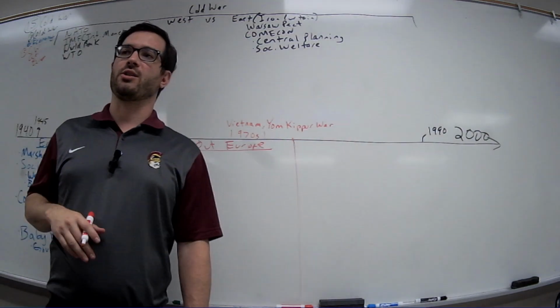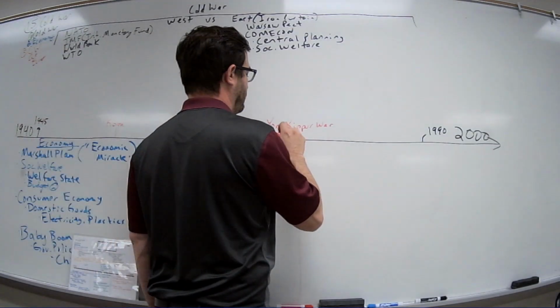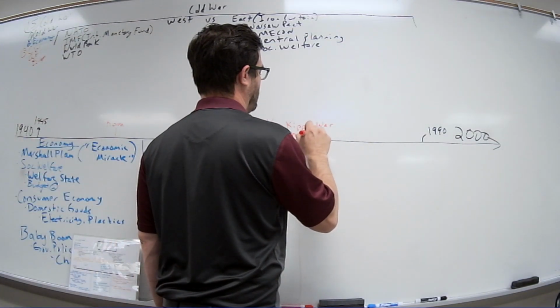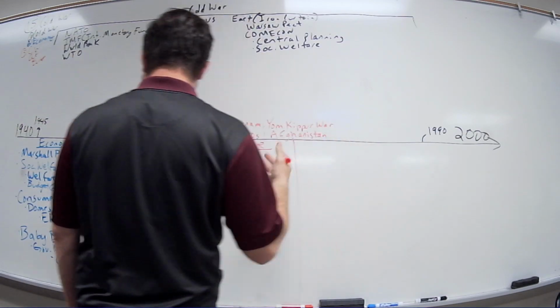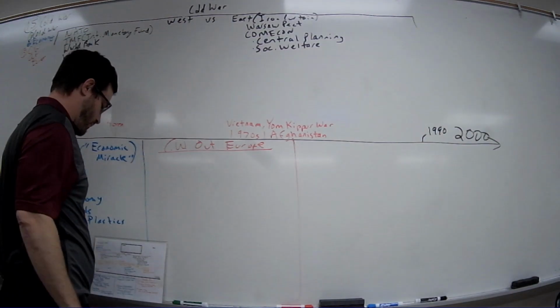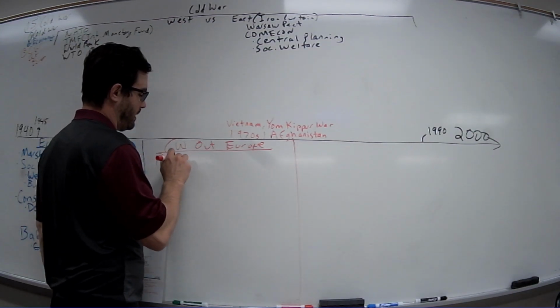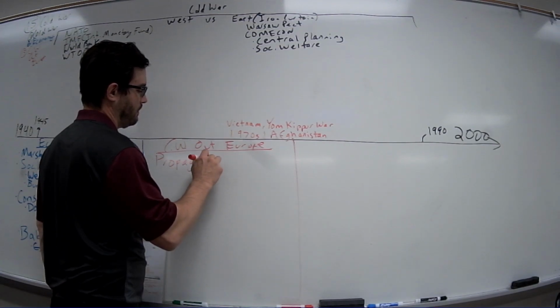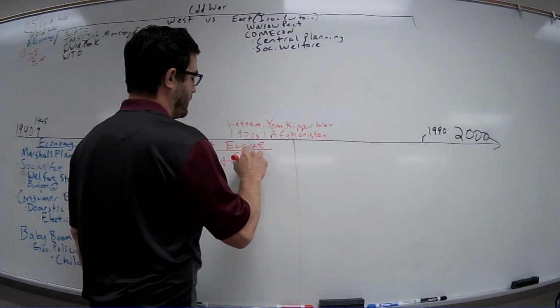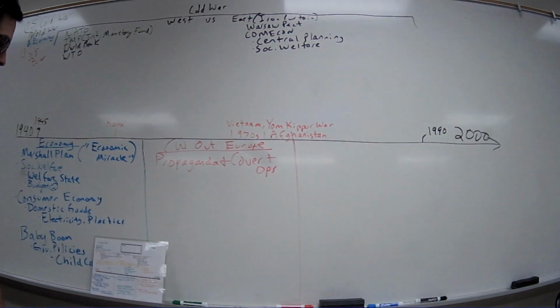And the Soviets also invaded another sovereign state, Afghanistan. We sent a whole lot of money and arms to Afghanistan to try and help them push back the Soviets. Other buzzwords in here, propaganda and covert ops. Never really talked about it, but it's obviously a big part of the Cold War.